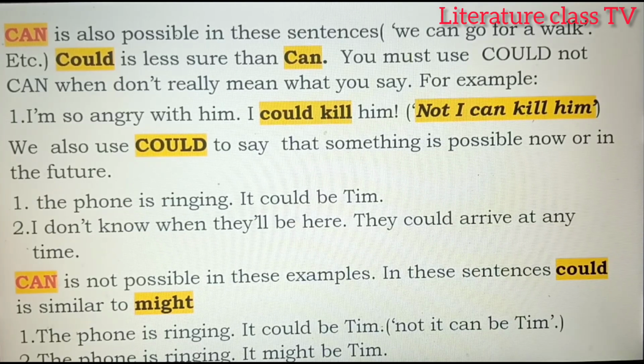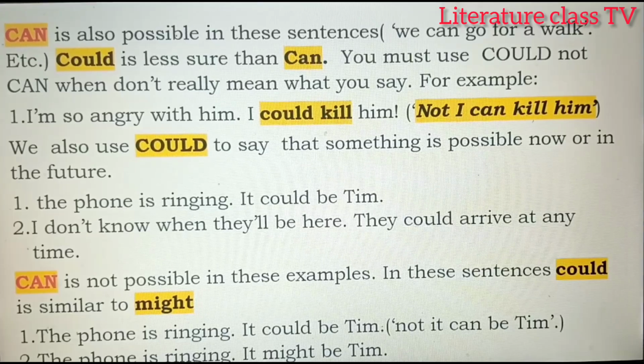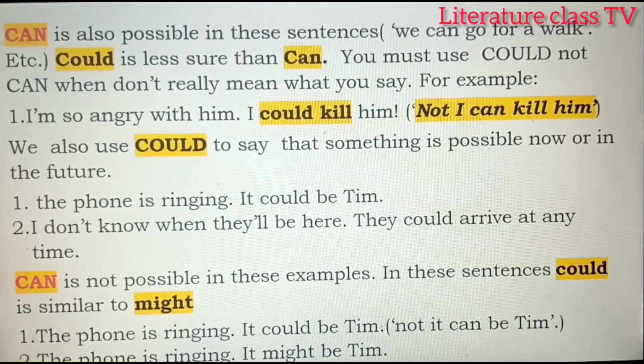For example, we can go for a walk. Could is less sure than can. When you don't really mean what you say, you can use could, not can. Let's see an example.